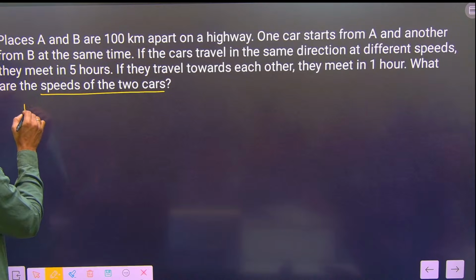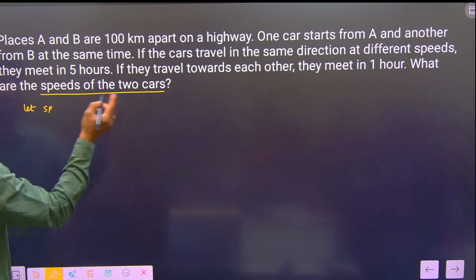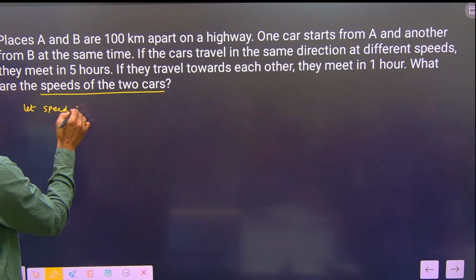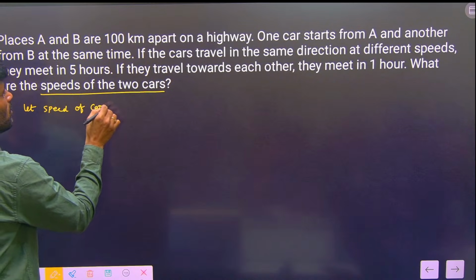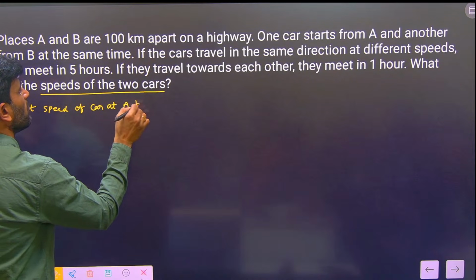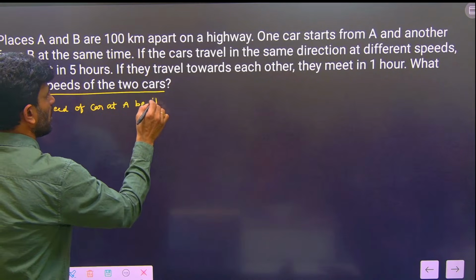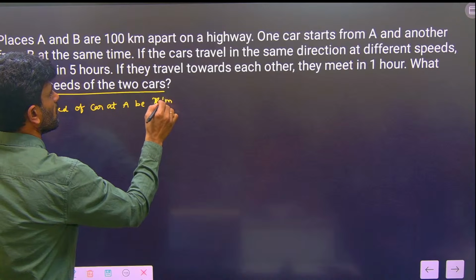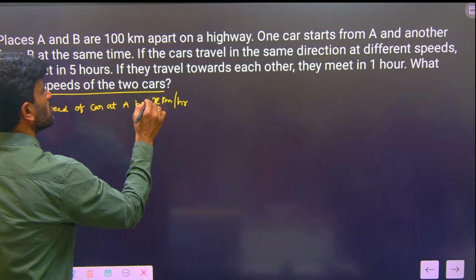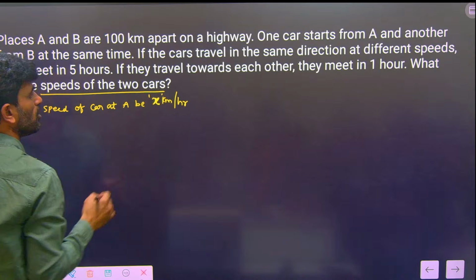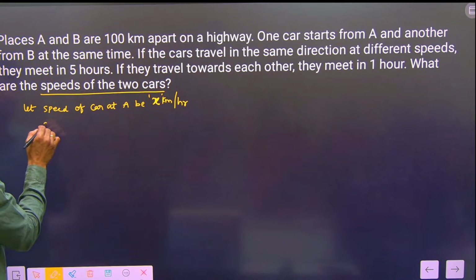So we will take, let the speed of the car at A be x kilometers per hour. We will draw that figure again later. The speed of the car at B also we have to find.